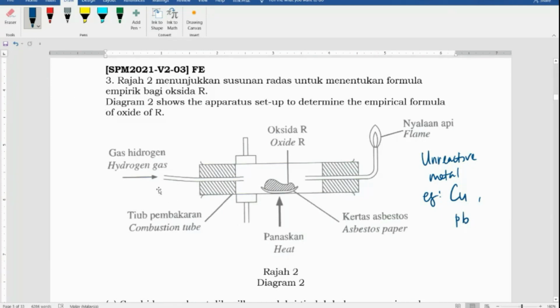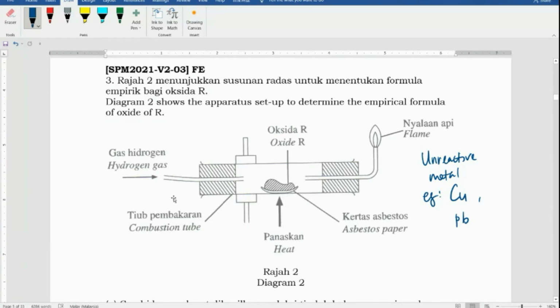This one is using hydrogen. Hydrogen flows into the hot oxide of R. And this one is asbestos paper. This one is a flame, so you have to heat it strongly.